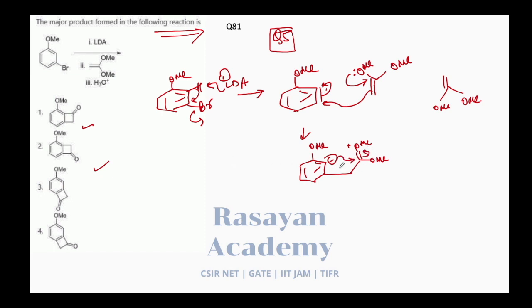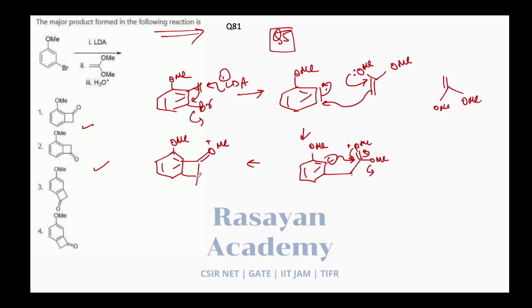Alright, so this is basically a 4-membered ring. Okay, so basically, guys, what I've done is I've just once again removed one of the methoxys and only one of the methoxy remains.